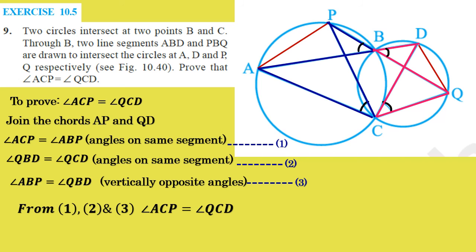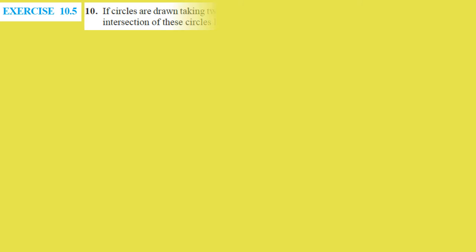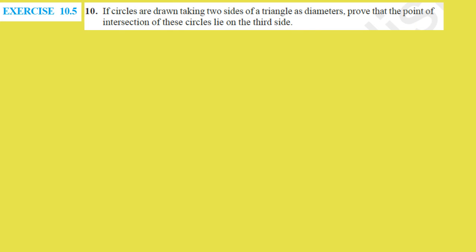Now, next question, 10th one. If circles are drawn taking two sides of a triangle as diameters, prove that the point of intersection of these circles lie on the third side. So you have to read the question and understand clearly. Two circles are drawn taking two sides of the triangle as diameter.